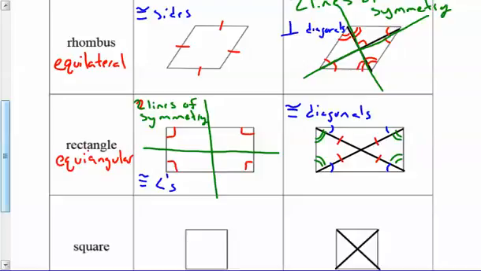But it also has perpendicular sides. Right? So a rhombus has congruent sides, a rectangle has perpendicular sides. A rhombus has perpendicular diagonals, a rectangle has congruent diagonals. They flip-flop on each other.